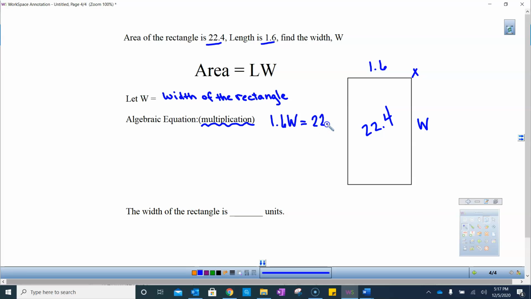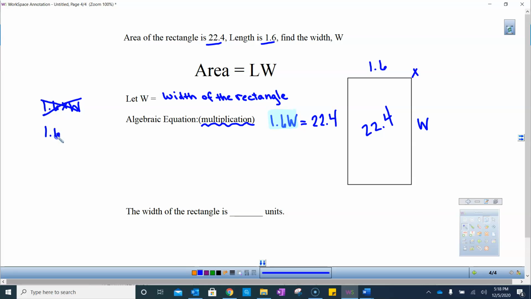And you have to show this with algebraic notation. This was in our previous unit, emphasized each step of the way. This is a multiplication of a number times a variable. We do not use an X between it. Absolutely do not do this, because that looks like 1.6 x W where that's a variable. That's not the algebra way.